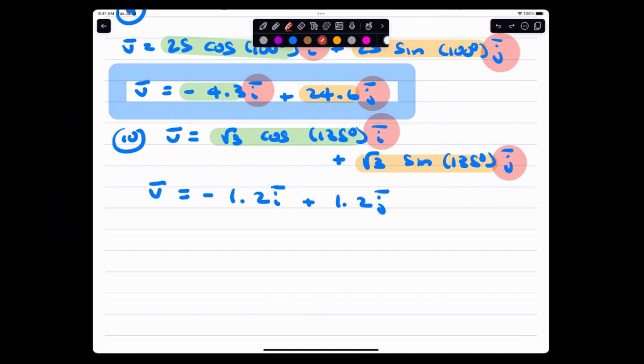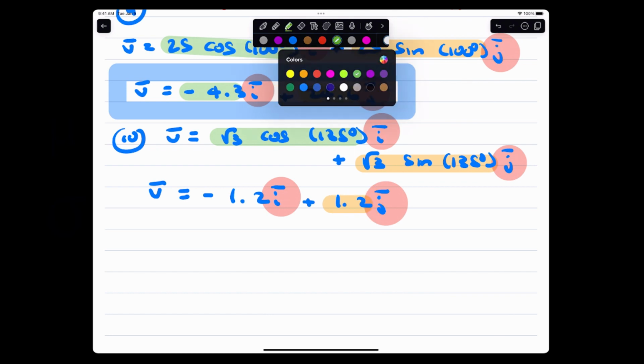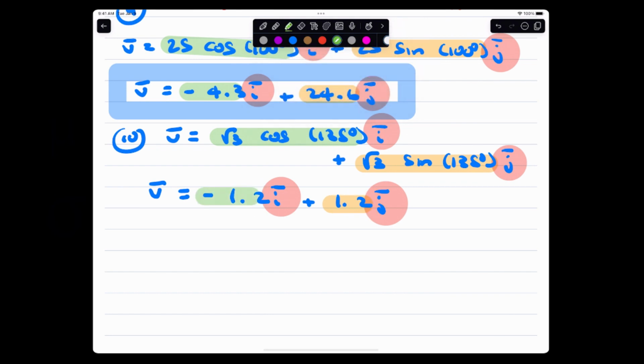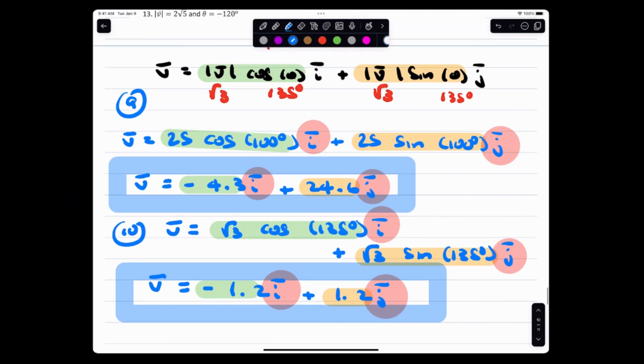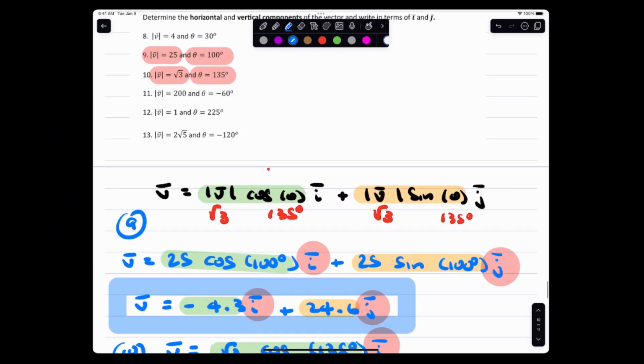Here's your i vector. Here's your j vector. 1.2. Look at the components, horizontal and vertical components of this vector. Number 10. Good job. Okay. All right, you guys okay with that one? Did you get those?